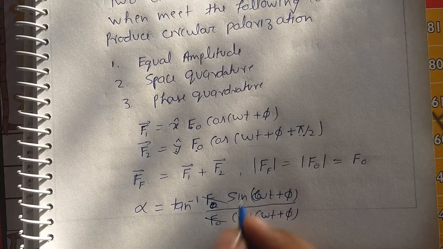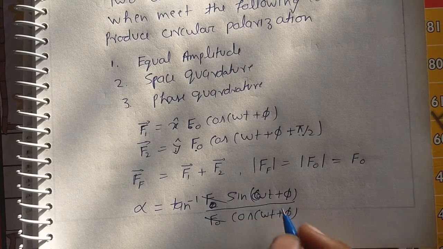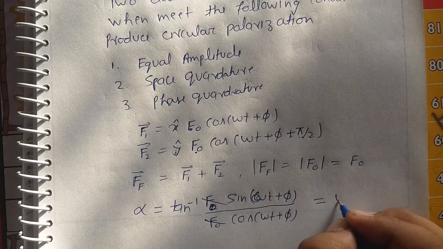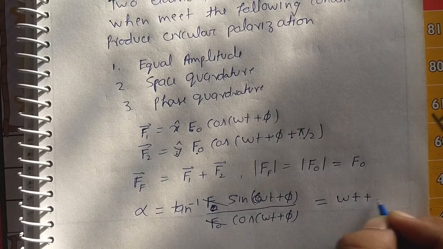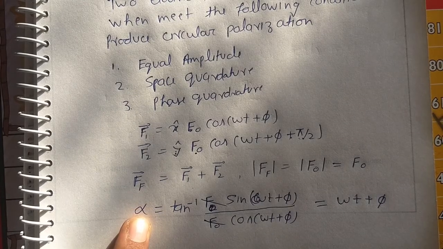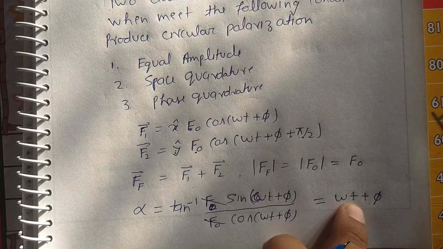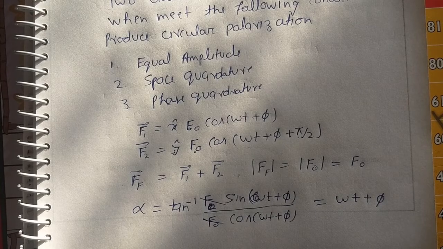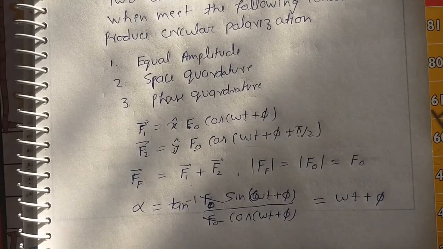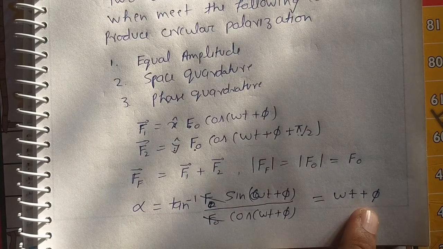F naught cancels out, and this will become tan(omega t plus phi). Finally alpha will be equal to omega t plus phi. Now you can see here alpha is a function of time. In the previous case, in linear polarization, alpha is not a function of time, but in this case alpha is a function of time.